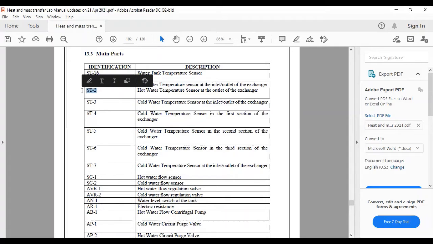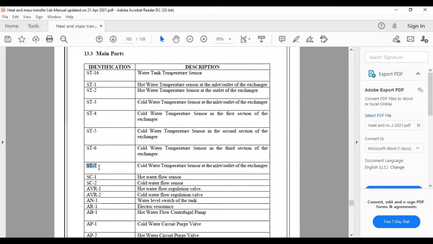Similarly, ST2 is used to measure the temperature of hot water at outlet. ST3 will be used to measure the cold water temperature at inlet or outlet, and these are different sensors which will measure the temperature of cold water at different stages. ST7 will measure the temperature of cold water at exit or inlet.